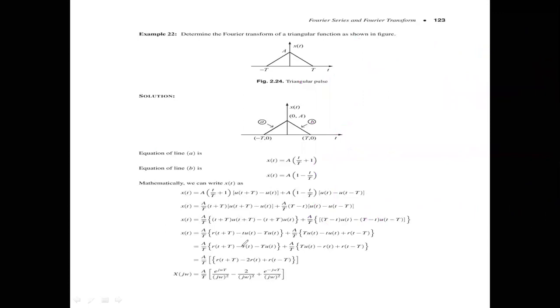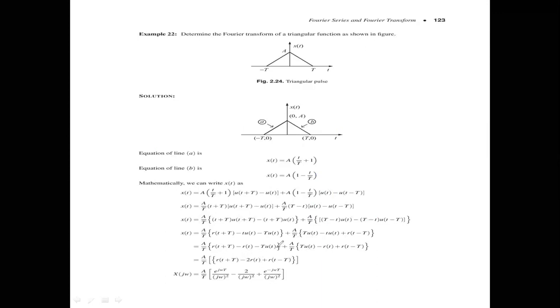In these two equations also, again you can simplify these two, a by t, r of t plus T. The same thing, a by t, r of t plus T, and a by t minus r of t, a by t minus r of t, my students. So minus r of t minus r of t is a minus 2 r of t. A by t is a common.